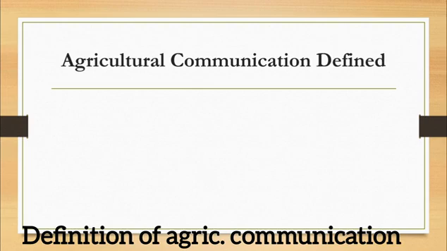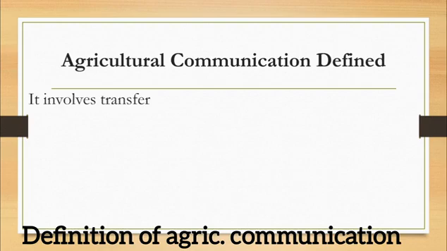The farmer is the receiver here. When we look at it with a closer view, we can say that agricultural communication is a process by which two or more people exchange ideas, facts, feelings, impressions in ways that each can gain clear understanding of the meaning, intent, and use of these messages.